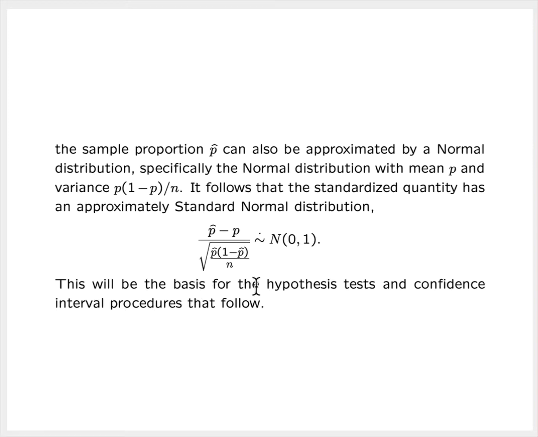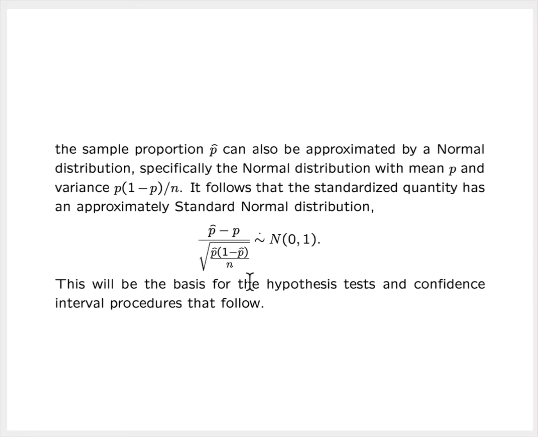You'll see how we do that in just a bit. We also use this or a similar quantity for constructing hypothesis tests about p. We're going to do something slightly different, though, in that context, because in the context of a hypothesis test, we have a hypothesized value of p, and we would use that in the denominator.